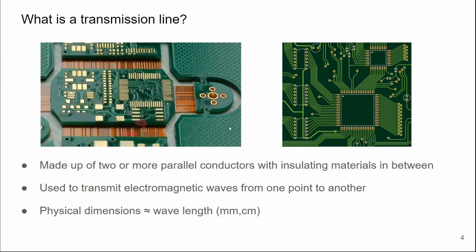These dimensions determine the capacitance, inductance, resistance, and conductance of the transmission lines and the circuits. Those circuit parameters are generated using the dimensions of the components that we use.